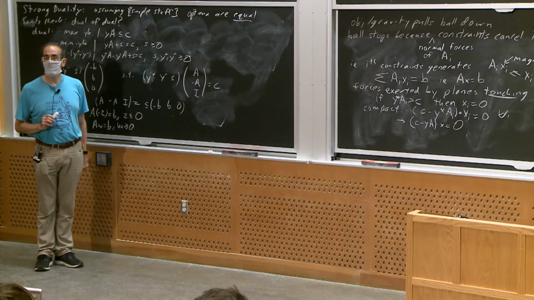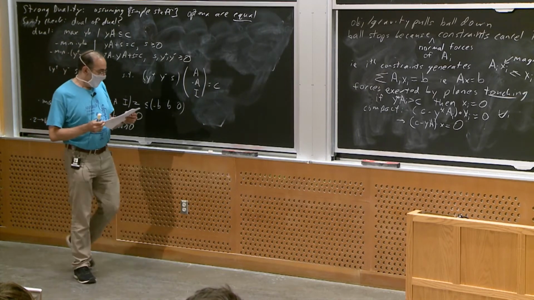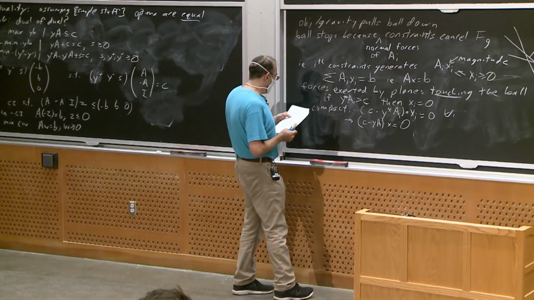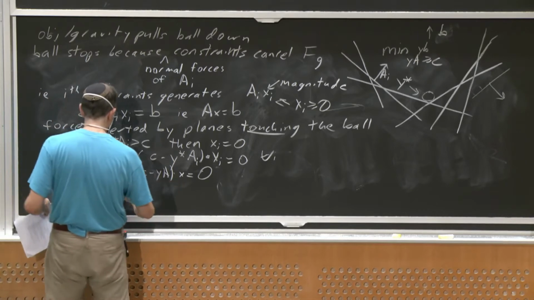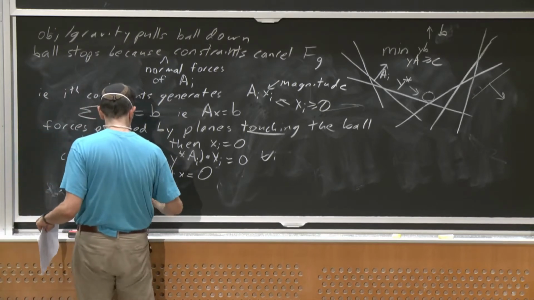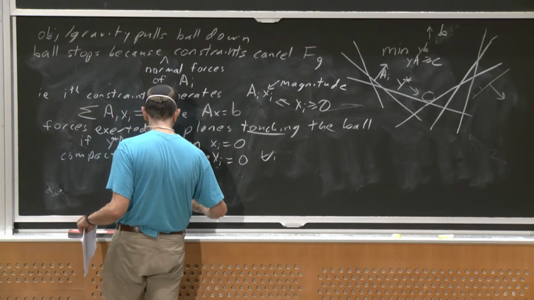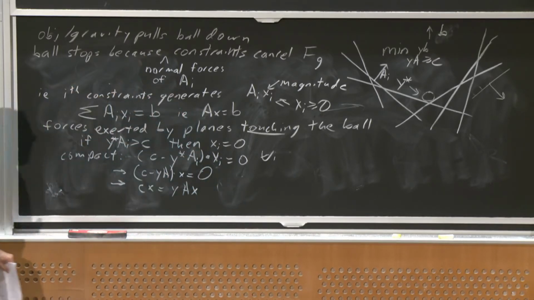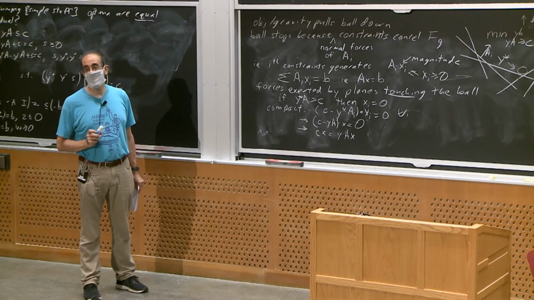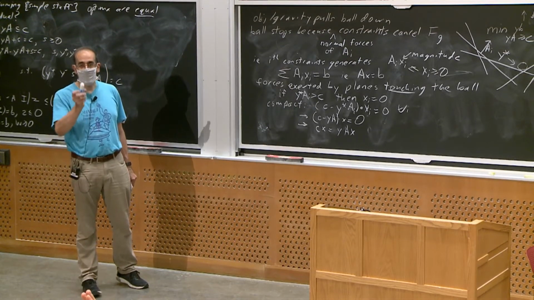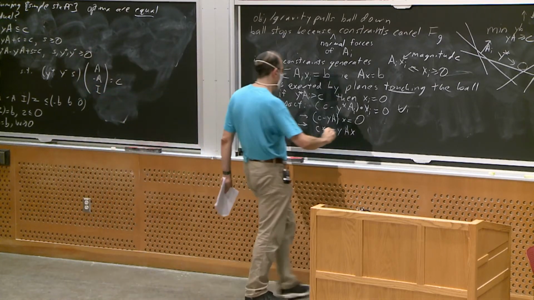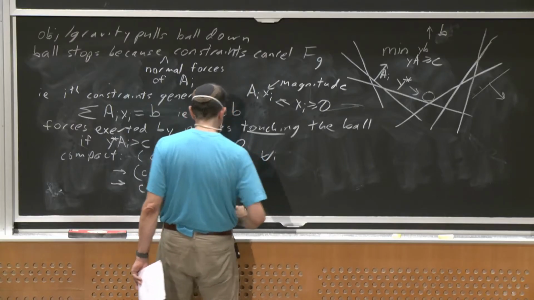But now we're actually home free, because that implies that c x is equal to y A x. But what is A x? It's equal to b, so this is in fact equal to y b.